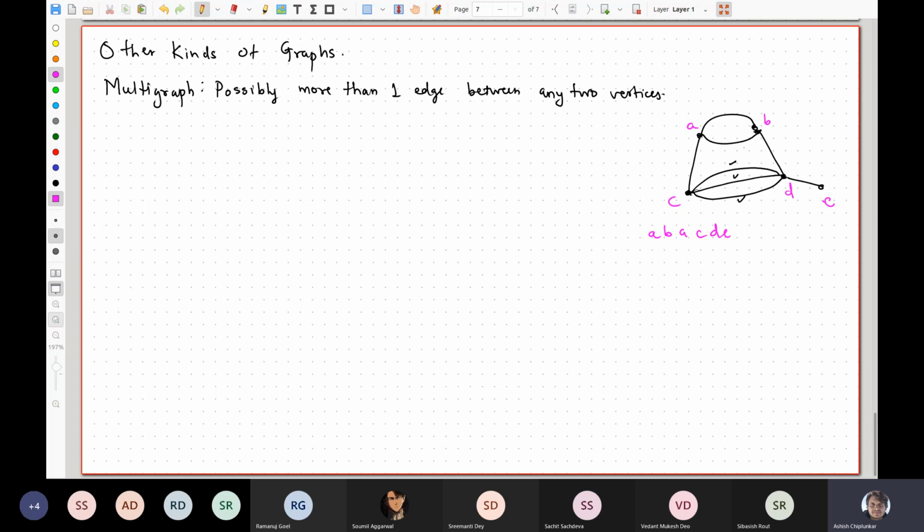But now since there are multiple edges, it's not clear what this walk even means, right? So for concreteness, I'll have to tell you that while going from A to B, I'm taking this edge, then for going from B to A, I'm taking that edge, and so on. So I'll have to add more information to my walk to completely define it.